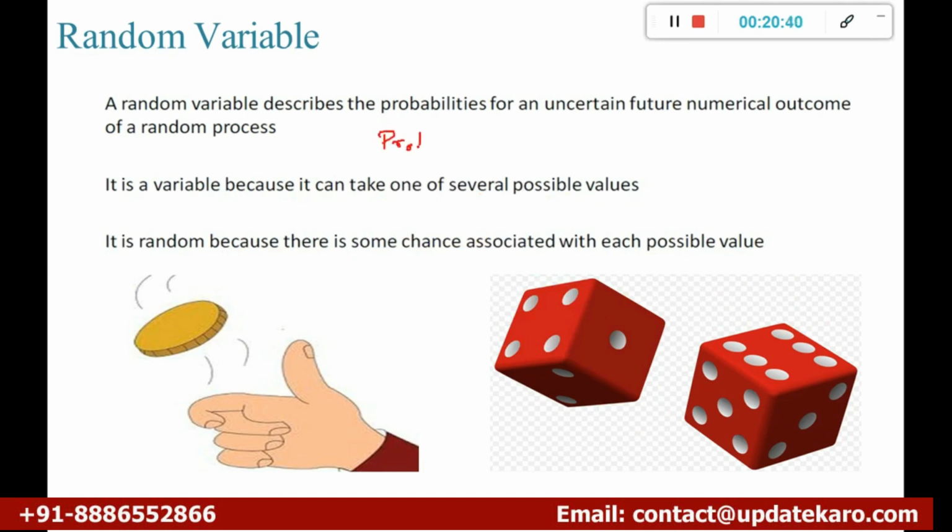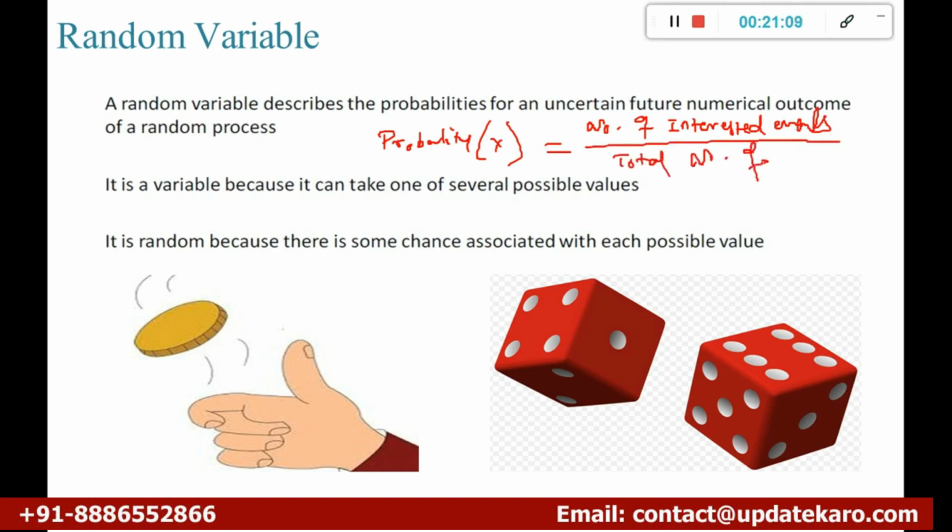The probability of X will be equal to the number of interested events divided by the total number of events. This is going to be the definition of my probability for any x.